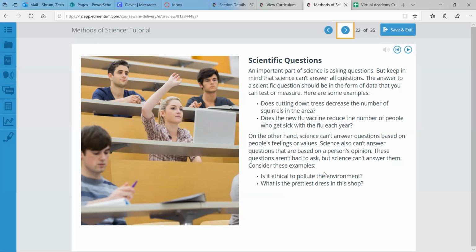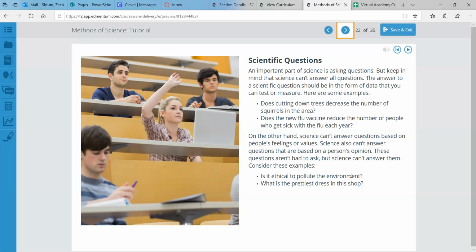So is it ethical to pollute the environment? Well, you can't scientifically study if it's ethical or not, but you can study how polluted the environment gets. That is measurable. But the ethical, whether it is right or wrong, is outside the realm of science. And so is determining what's prettier, a dress in this shop or another. So it's very subjective.